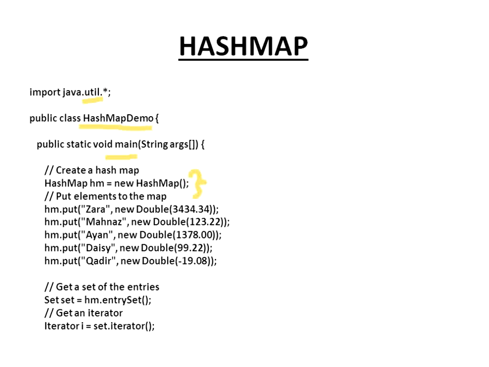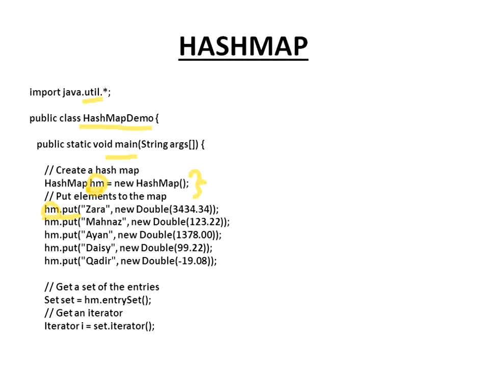We have created a HashMap: HashMap hm, this is the instance variable hm, equals new HashMap. Now this instance variable will be used to put elements into the map. So here we have hm and we have the dot put method.